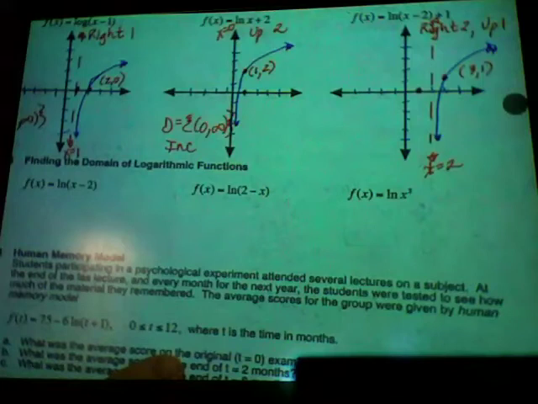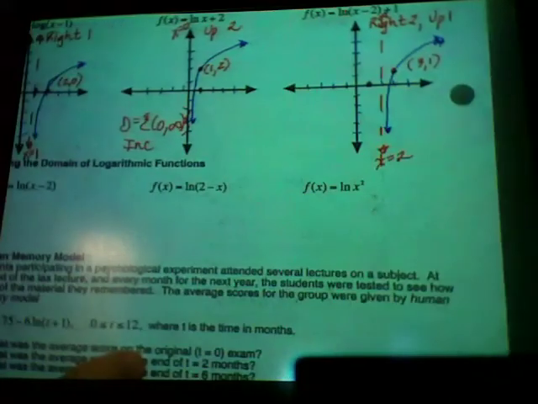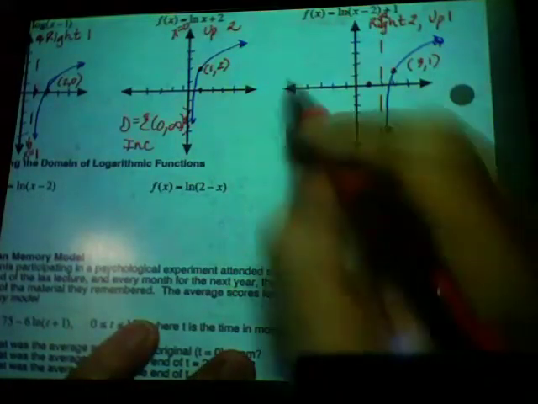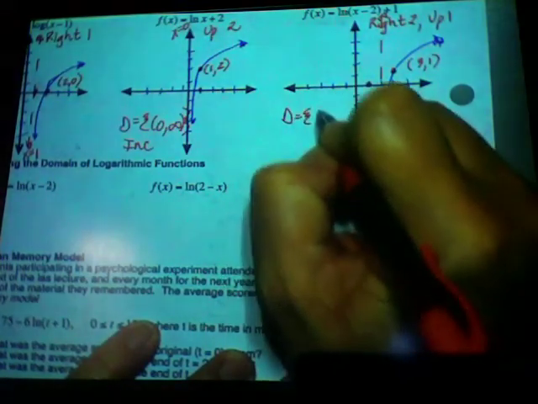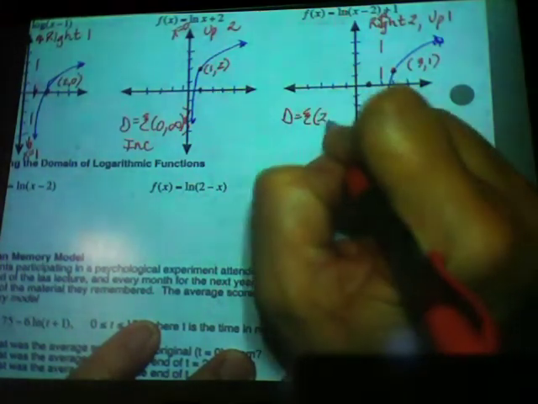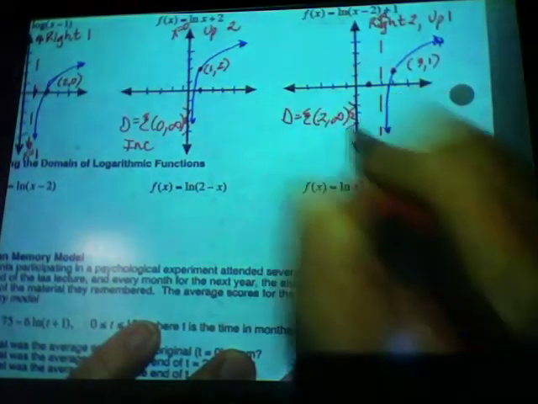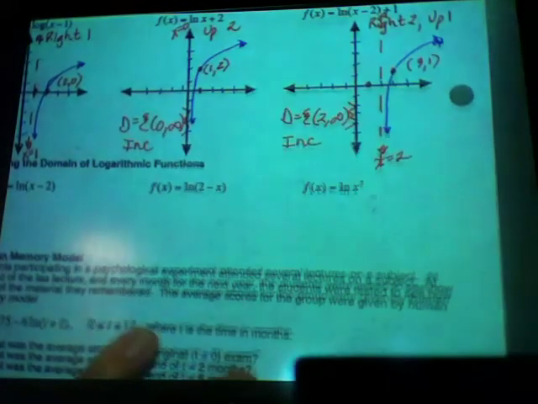You might have a reflection over the vertical asymptote, but most likely your questions aren't going to do that. What's your domain on this one? Yep, so it starts at 2 and goes to positive infinity. And it's still increasing, right?